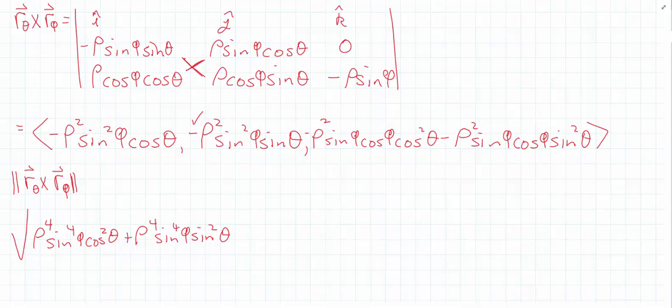So both of those terms are negative. But now we're ready to multiply it out. I'm going to square the first term, which is going to be rho to the fourth sine to the fourth phi, cosine, well, sine squared phi.